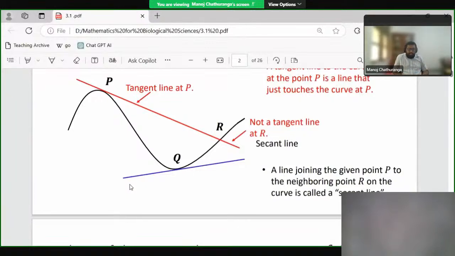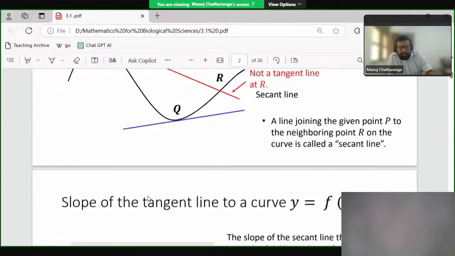So a line joining the given point P to a neighboring point R on the curve is called the secant line. Secant lines, tangent lines.